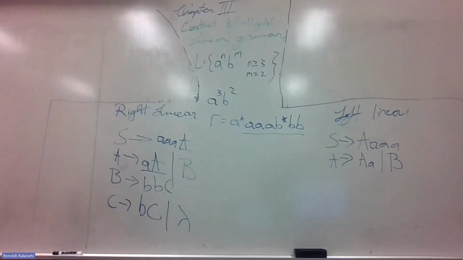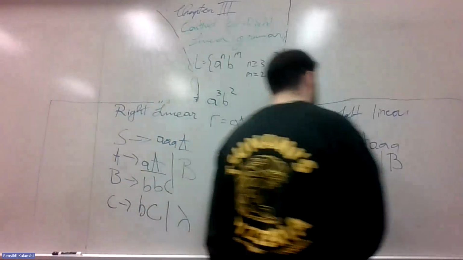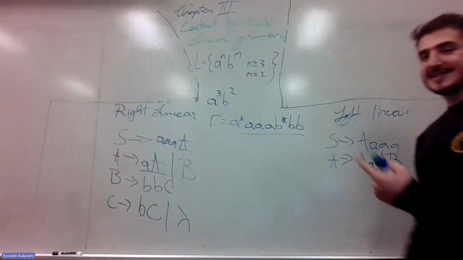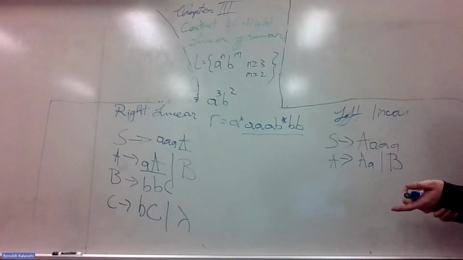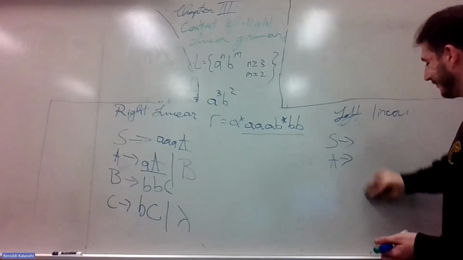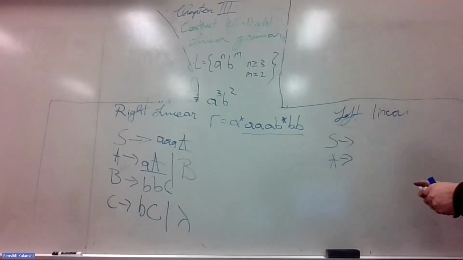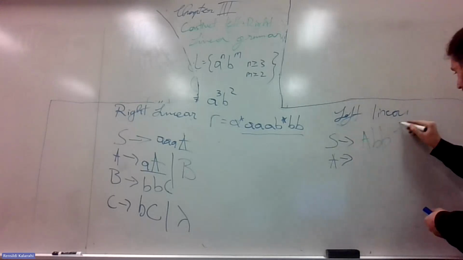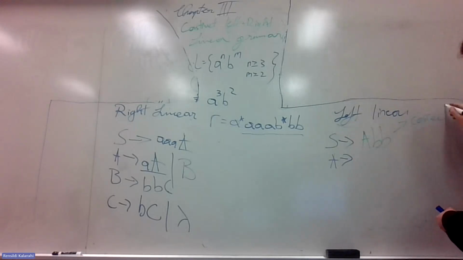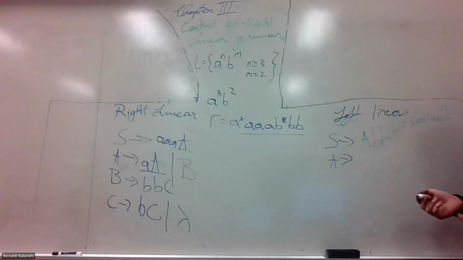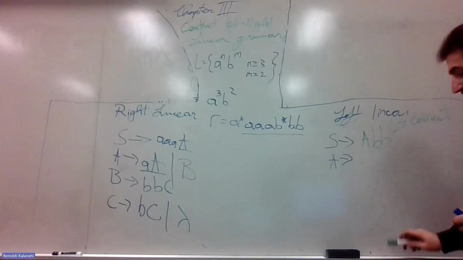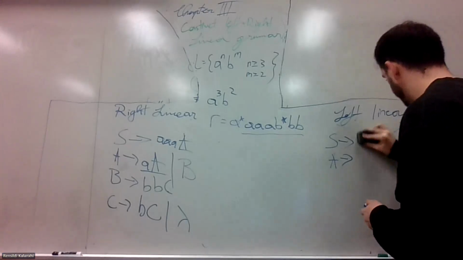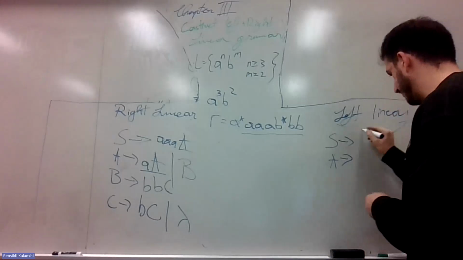Oh yeah, you're right, what I did at the beginning is wrong. That's the correct one. So it should be A, B, B, because the order matters. There, you fix it. This is correct. That's why I was confused.